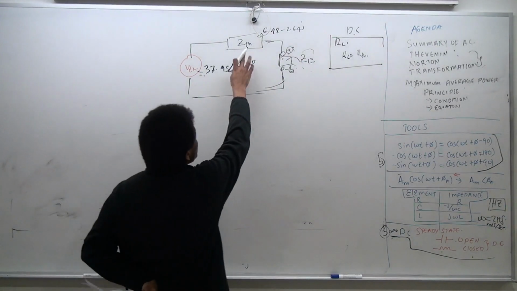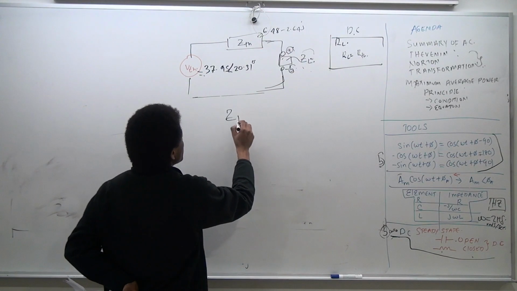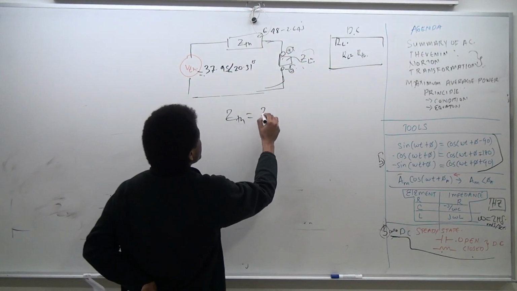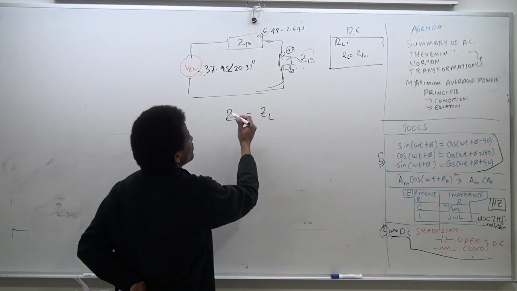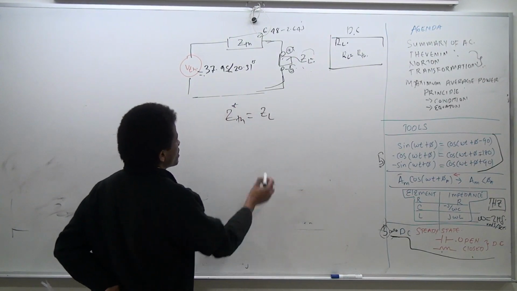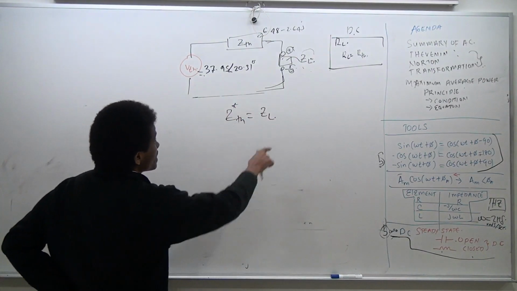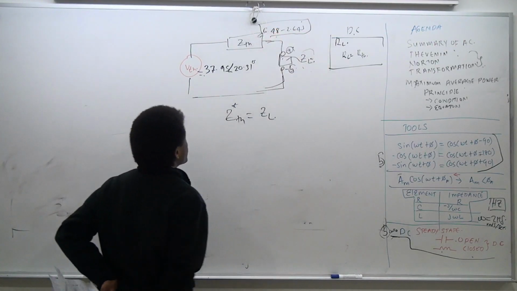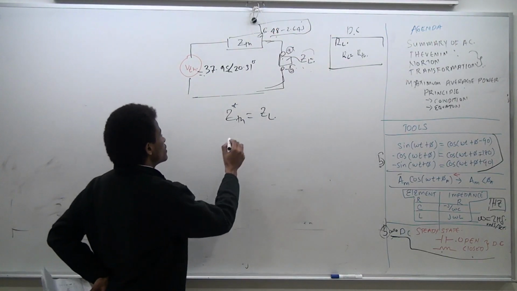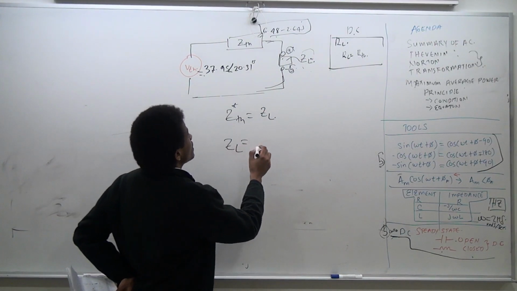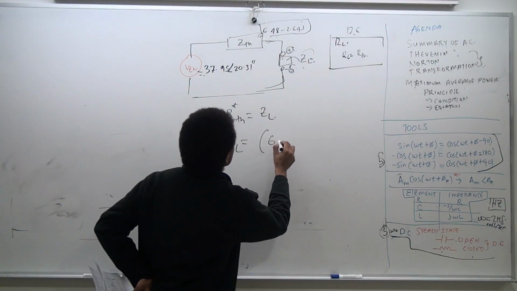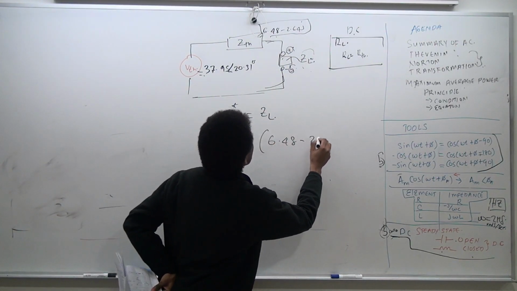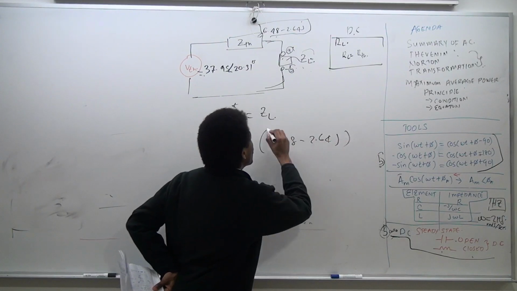That's right. So the Z Thevenin has to equal the conjugate of Z load. It doesn't make a difference where I put the conjugate. I can put the conjugate here and find what ZL is. What's the conjugate of Z Thevenin? Exactly. So I'm just going to write down 6.48 minus 2.64 J, all conjugate.